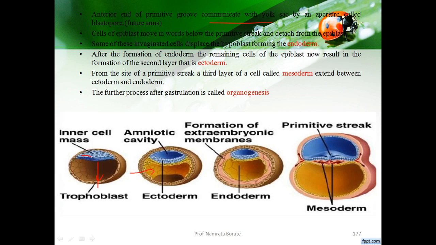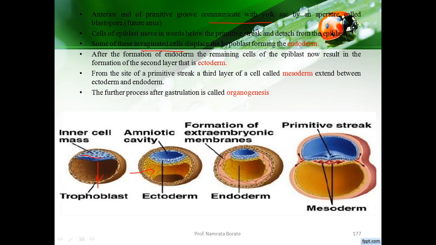So this one is the epiblast cells which move inward below the primitive streak and detach from the blastocyst. Some of the cells invaginate into this place, the hypoblast, and the result is what?